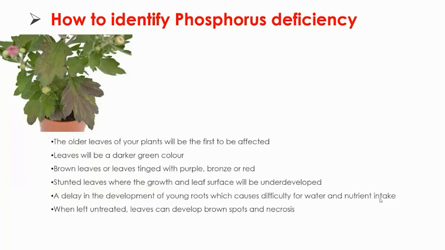Like the picture has shown, the older leaves of your plant will be the first to be affected. Leaves will be a darker green color, or thin with purple, brown, or red.